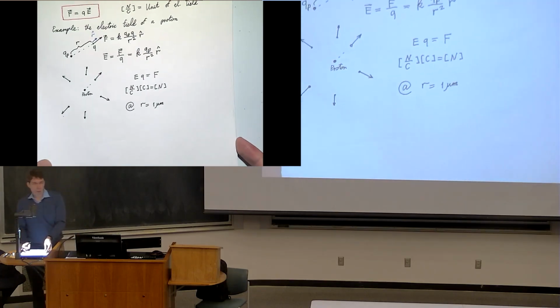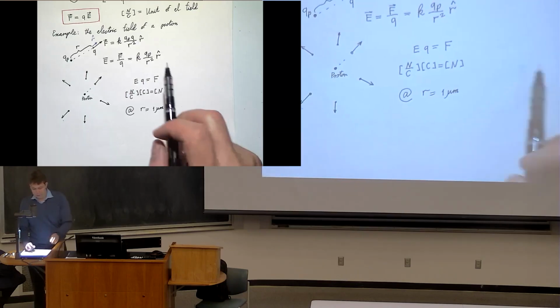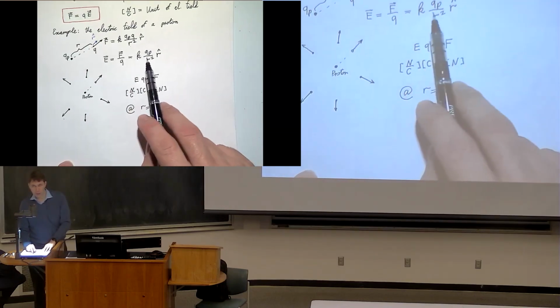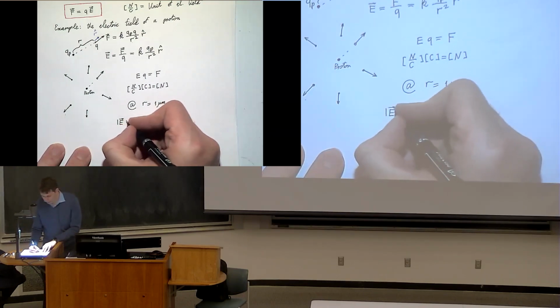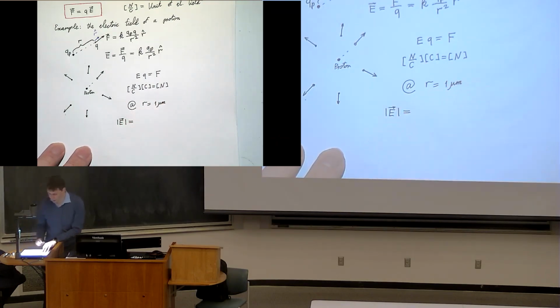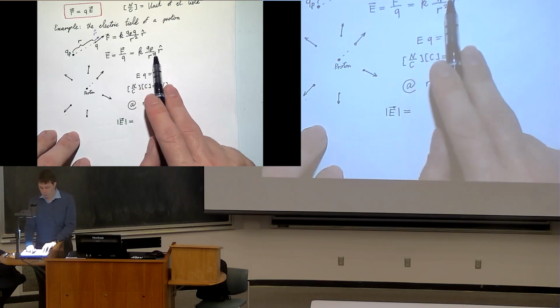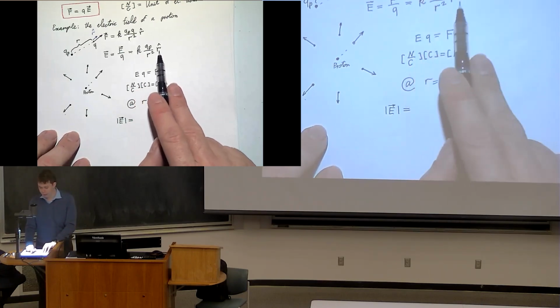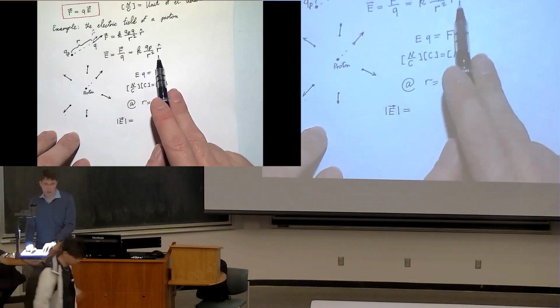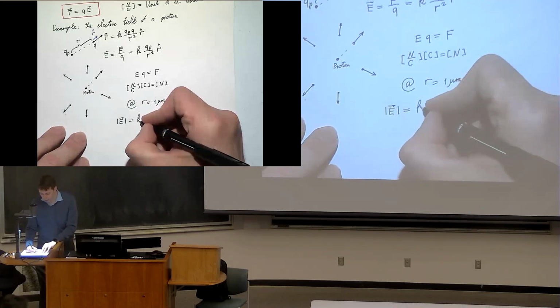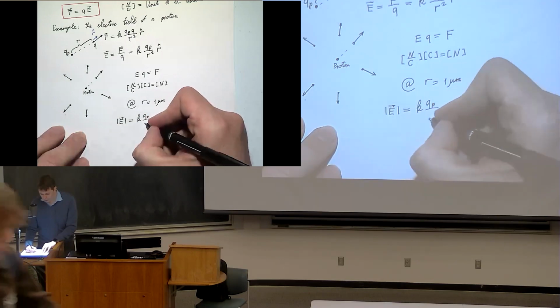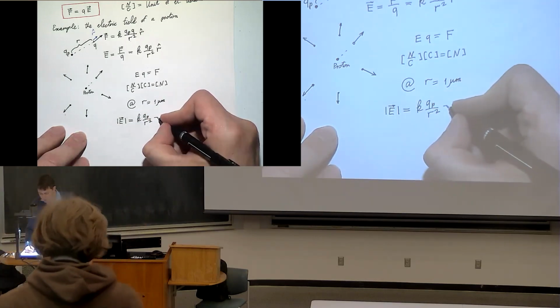It's going to be given by the length of this vector, that is the absolute value of E, and it's going to be given by this prefactor, because the length of the unit vector is unity by definition. So it's KQp over R squared.